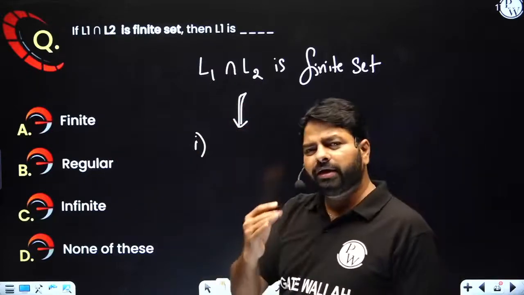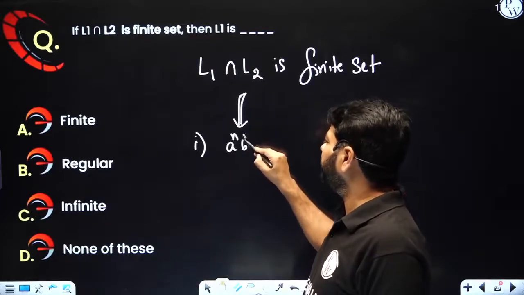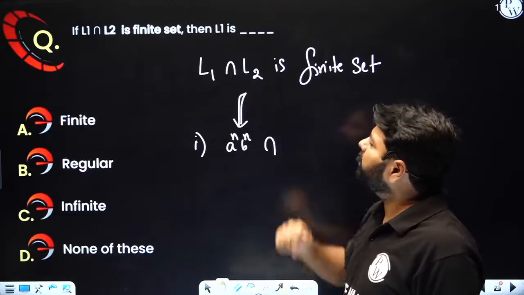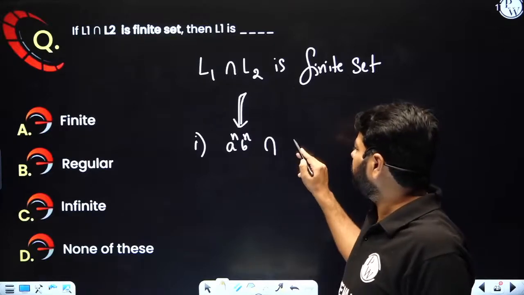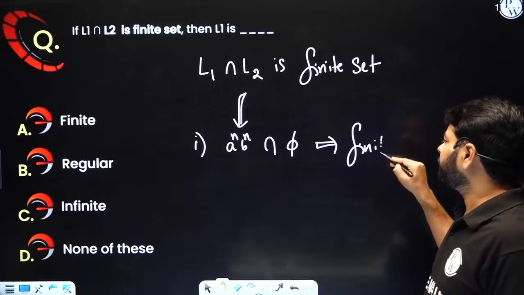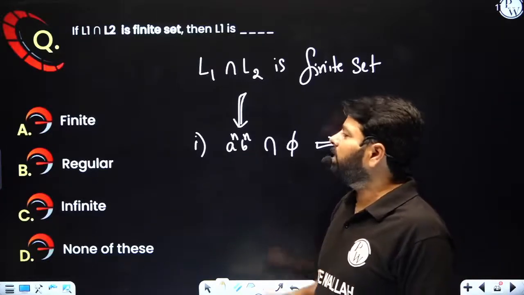L1 I am taking as infinite, like let's say a power n, b power n. Intersection, I'm just taking L2 as, let's say, phi. Enough. The result is finite. See, when the result is finite, there is no guarantee that L1 is finite.